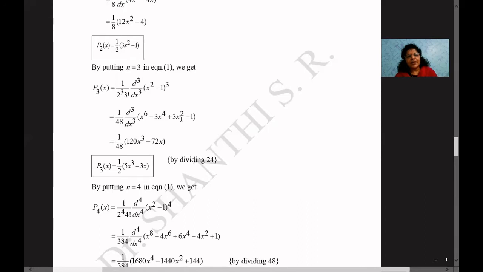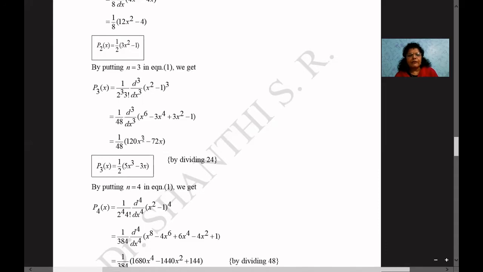What is the first order derivative? 6x power 5 minus 12x cube plus 6x. One more time you differentiate. Again you differentiate. After differentiating this thrice, you will get 120x cube minus 72x. Correct?